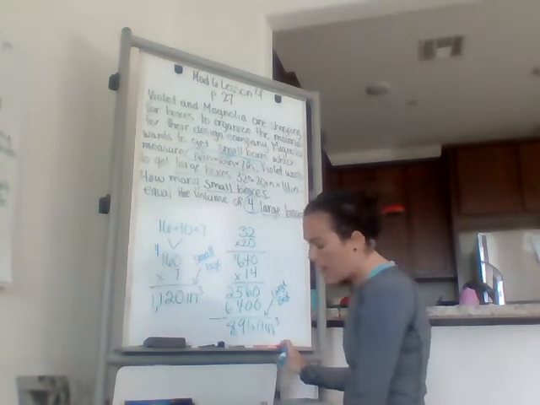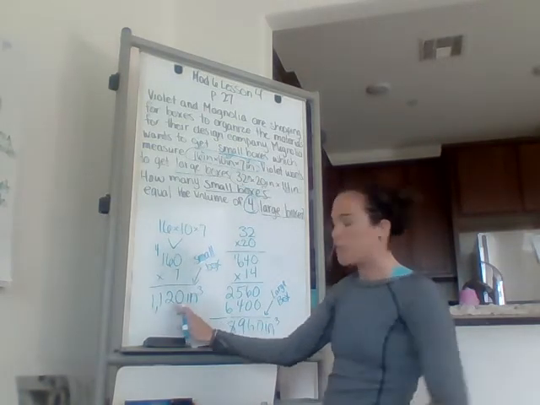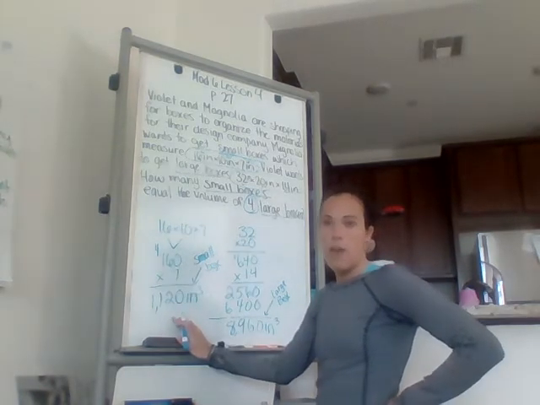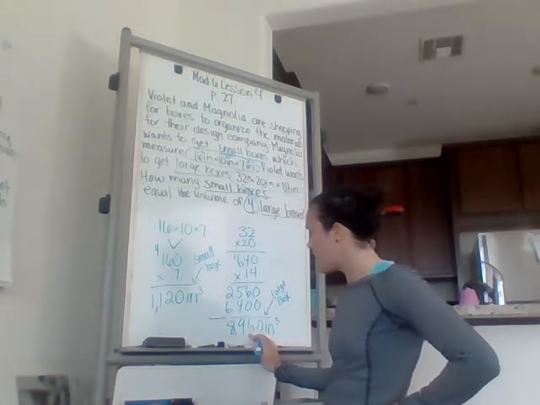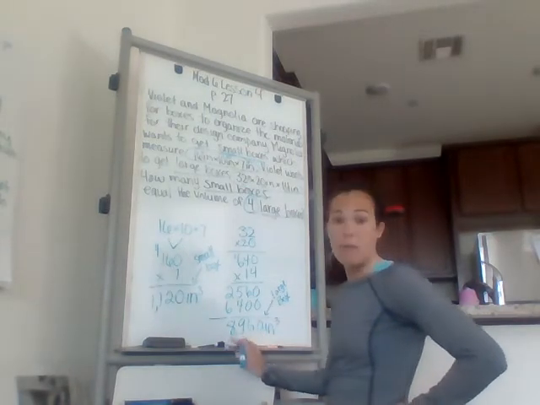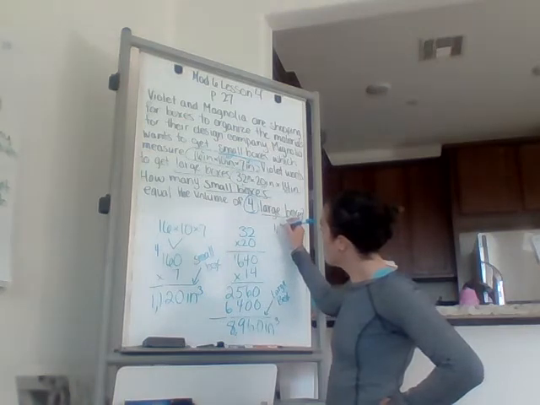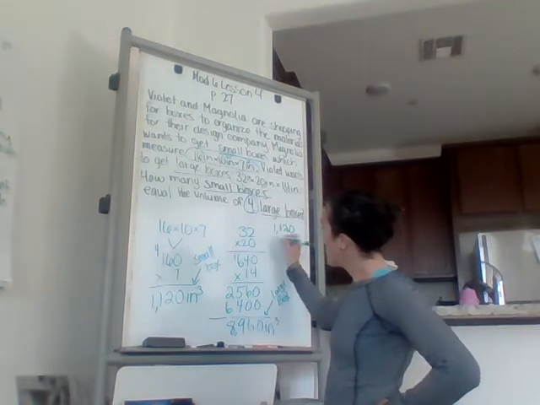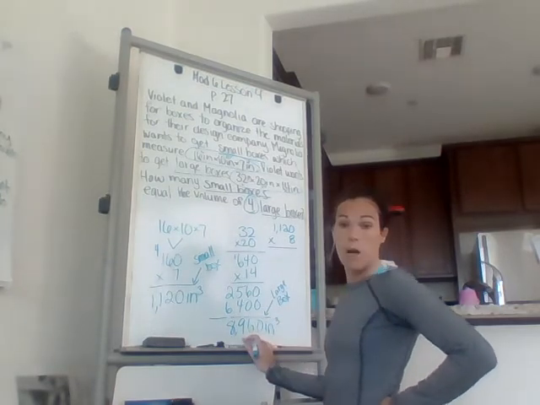And when I do that, I'm thinking about, okay, how many times do I think 1,000, a little more than 1,000, so I'm doing some estimating, will go into 8,960, almost 9,000. I'm going to guess it'll be about 8 times. So over here, I'm going to do a quick multiplication problem and see if 1,120 times 8 gets me close to my large box number.